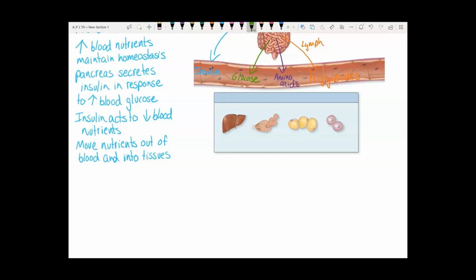So glucose is going to go in the liver and be stored as glycogen. And if you remember those terms from chapter 17, this is going to be glycogenesis, formation of glycogen. You're also going to do that in your muscles. So you will get glycogen in your skeletal muscles, also through glycogenesis.